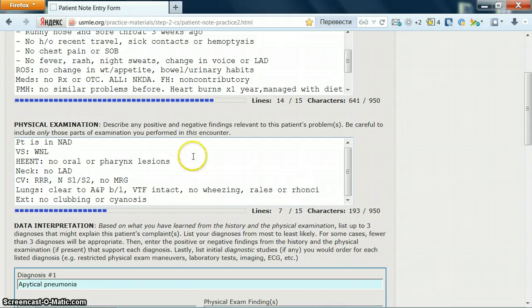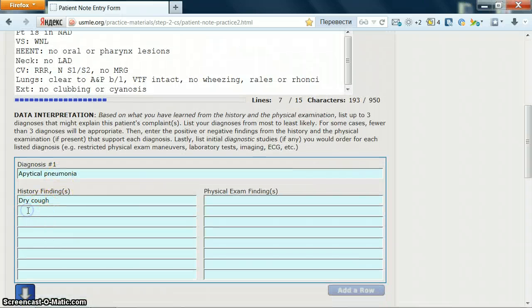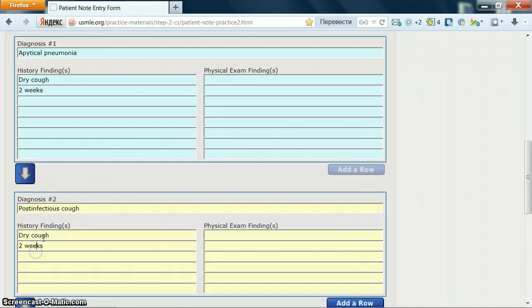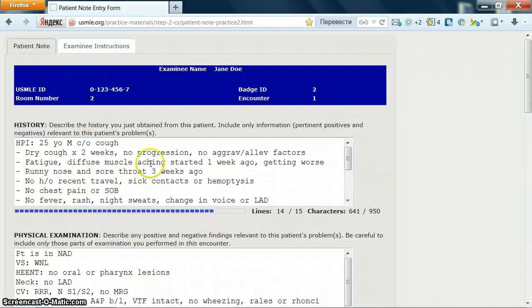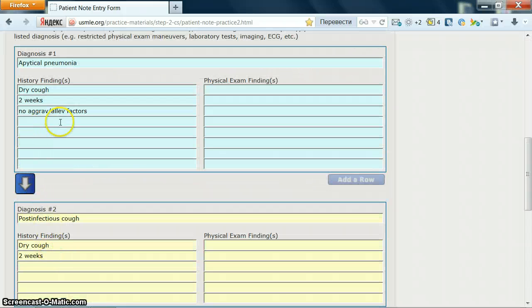And now we start to copy and paste for history and physical in support of our differentials. Atypical pneumonia cough usually does not have any aggravating or alleviating factors, as well as post-infectious cough.